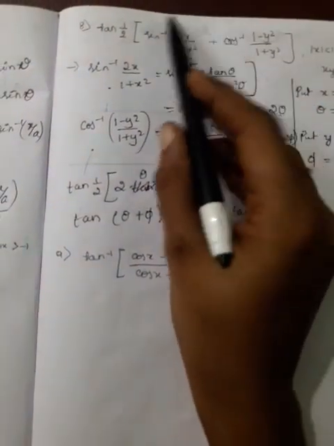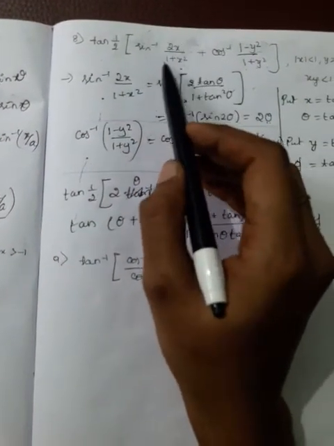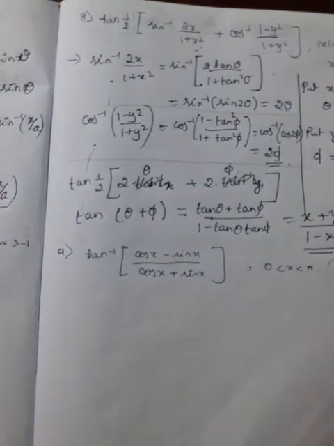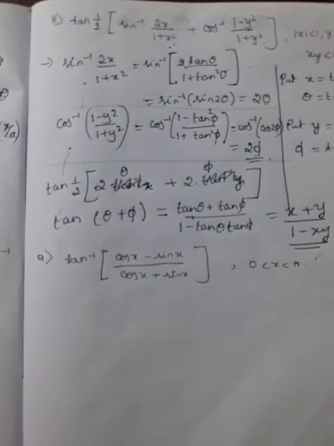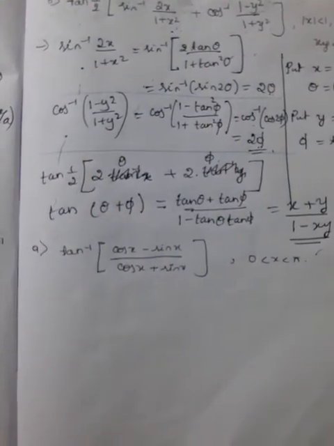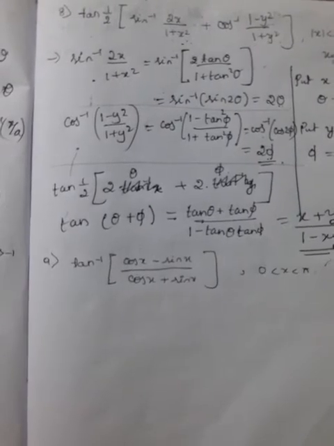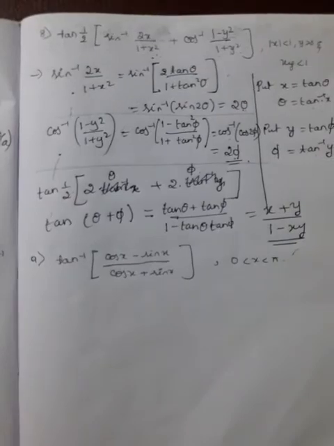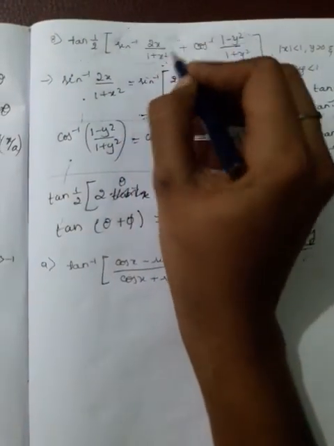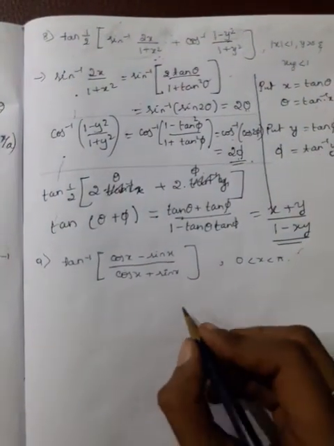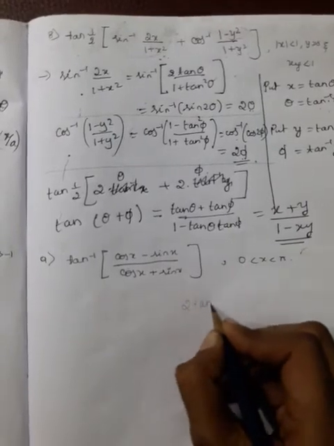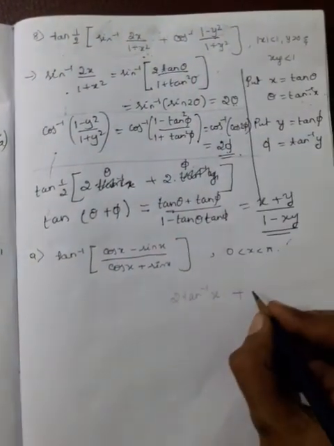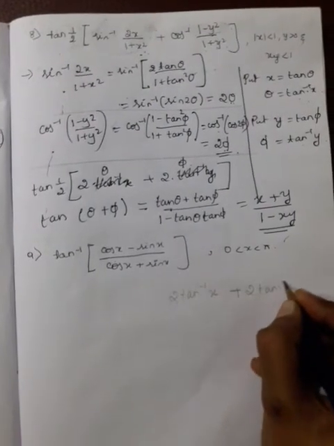You know the formula of this one. Sin inverse of 2x divided by 1 plus x square is 2 times tan inverse of x. I will write here our formula. It can be written as 2 times tan inverse of x plus, this is the formula of again, 2 times tan inverse of y.